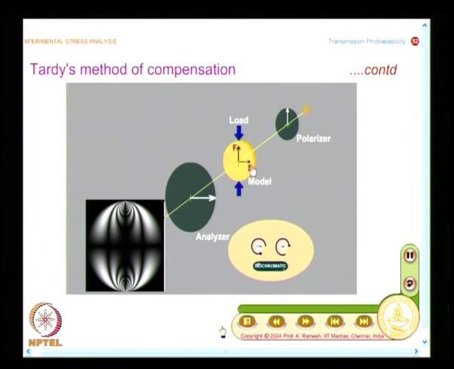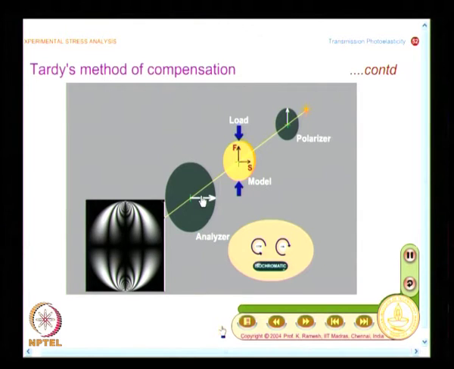I have a plane polariscope, because I have to go to a plane polariscope and then do it. I have the source of light, then I have the polarizer, I have the model, and as I said, the reference axis at the point of interest is itself the base reference axis for the final circular polariscope also.